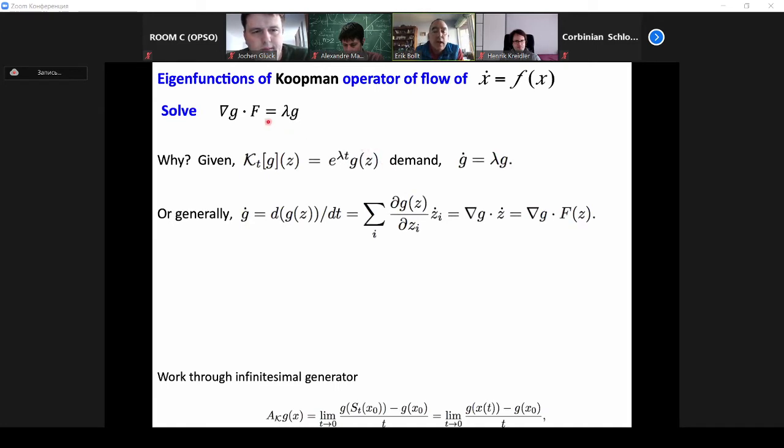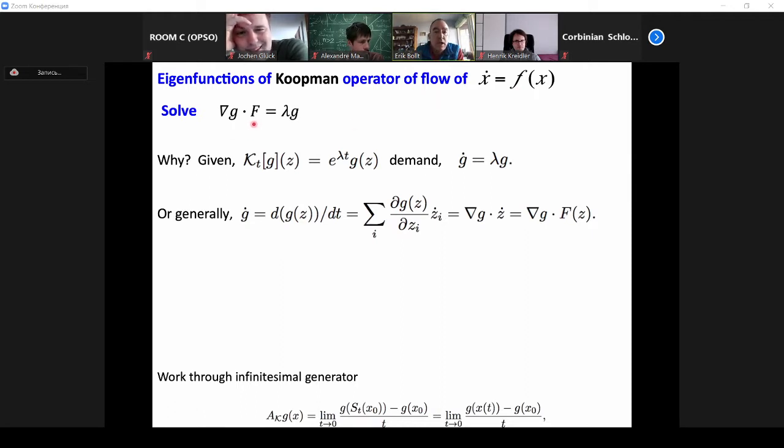The eigenfunctions of an ODE like this follow this PDE. So if the right-hand side of the vector field is F, I'm sorry, this is the wrong F. This has uppercase. This should be the same F. So call that lowercase f.